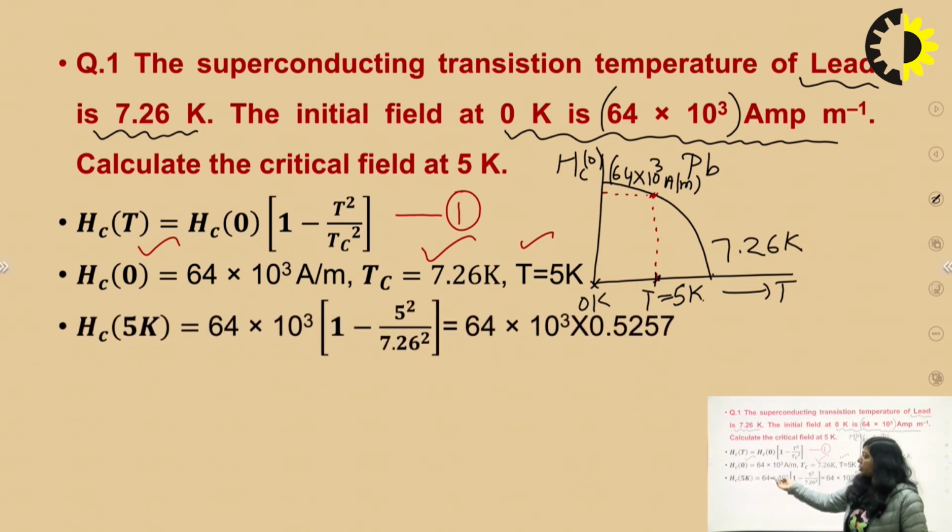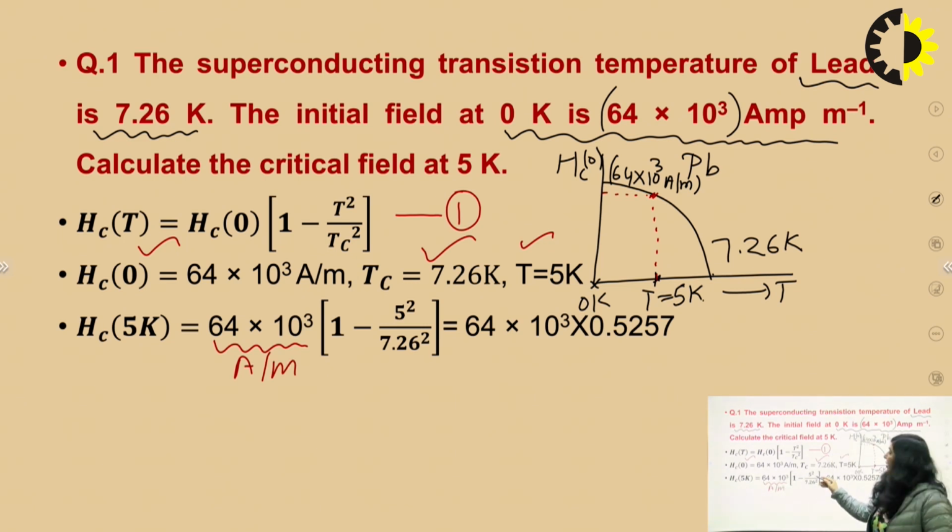When you substitute, Hc at 5 Kelvin is Hc naught, 64 into 10 raised to power 3, in ampere per meter, into 1 minus 5 square upon 7.26 square. We have to simplify this term, and after the simplification, the value of this parameter is 0.5257.